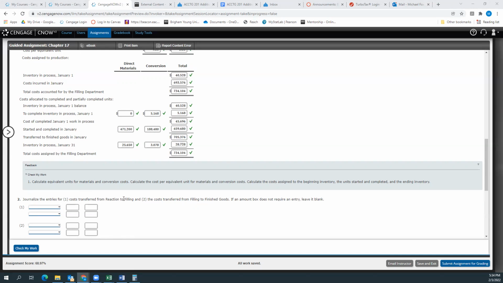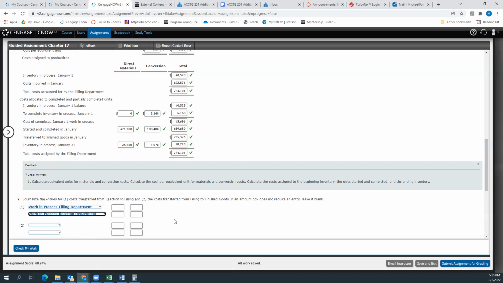So to transfer from reaction to filling means we're taking an inventory asset out of reaction and adding it to filling. So we're going to be increasing our inventory asset work in process for the filling department and decreasing or crediting our work in process for the reaction department.